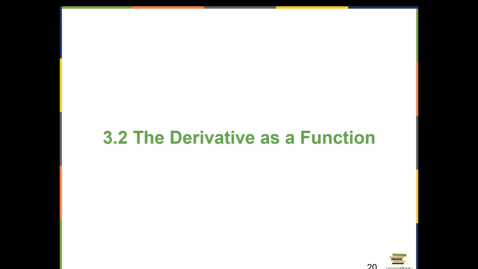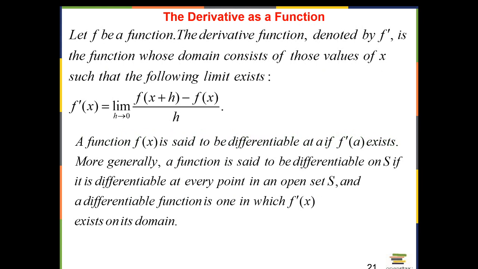All right, now we want to talk about derivative as a function. So here, again, we can use this, right? At any given function, you can use this limit to find the rate at this point, or at this point, or at this point, right? At any given point, we can do a limit.